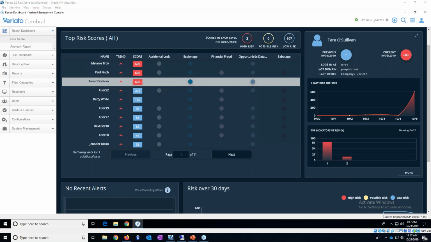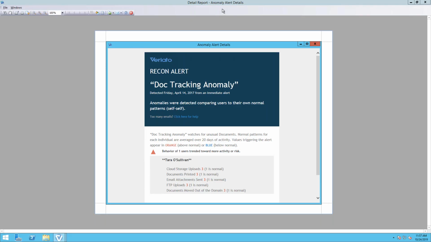So let me switch screens. Okay. So say for instance, you come in, you see the high risk score, or you can check your email, and you get this alert here, this doc track anomaly. Our anomaly alerts are behavior analytics.